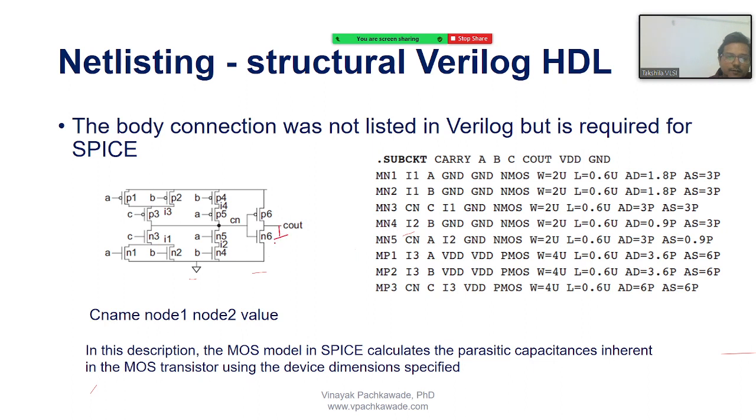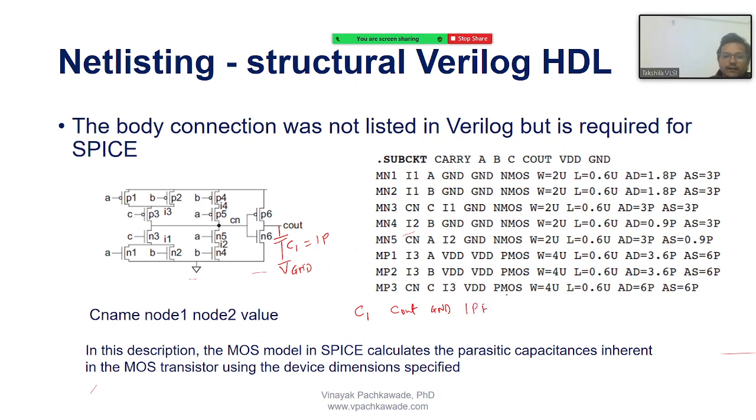If the name of the capacitor is C1, what is the syntax? C1 is connected between Cout and ground, and the value is, let's say, 1 picofarad.